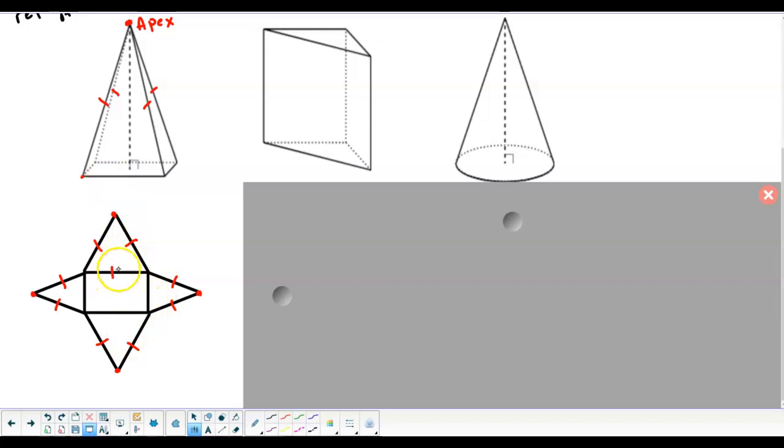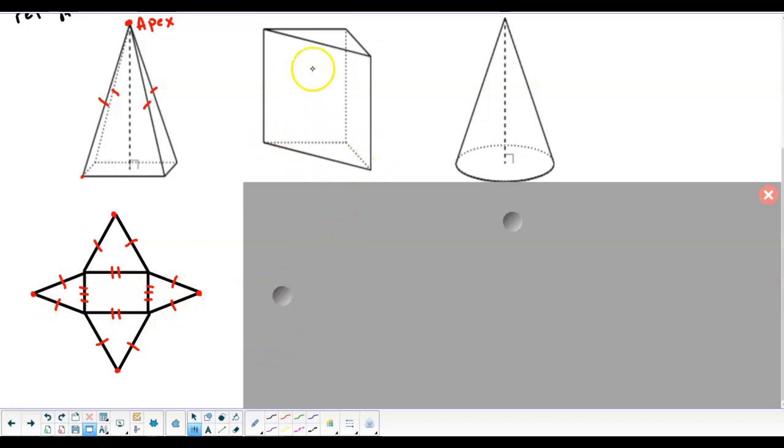But then I could add congruent markings here, because I know that those two side lengths are congruent in a rectangle, and add congruent markings here, because I know that opposite sides of a rectangle are congruent. Which tells the person reading this that I have 2 congruent isosceles triangles, one on top, one on bottom, and then 2 more congruent isosceles triangles on the left and the right.